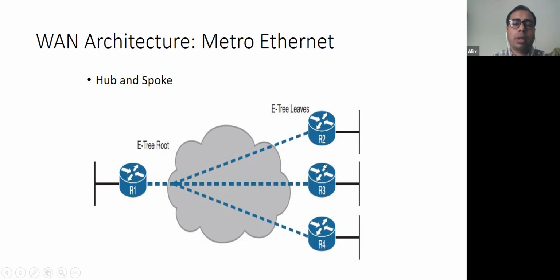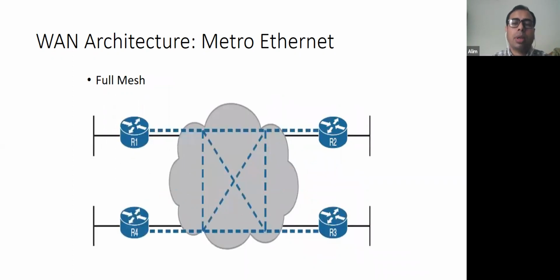If R1 is down, in that case, R2, R3, R4 will not be able to communicate with each other. This is the drawback of hub and spoke. But it may be a simpler configuration. A mesh-like configuration has the benefit of anyone connecting to anyone, but it may be costly and the configuration will be more complex.